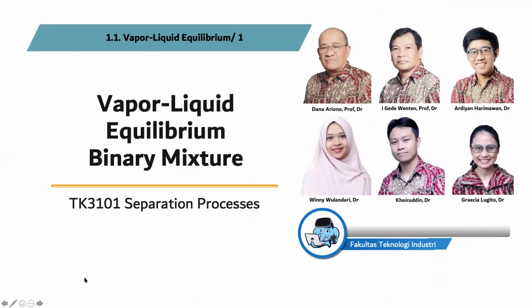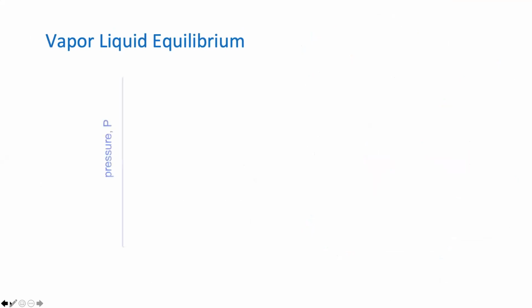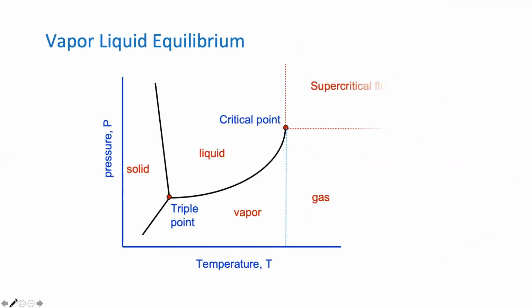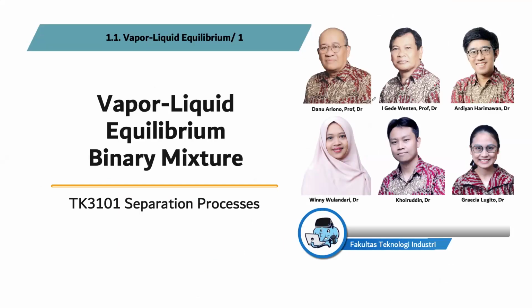Can you see the full screen or presenter view? We can see the full screen, Bu. But for me it's not a full screen. Can you see my pen? Yes, Bu. Okay. All right, so let's go back.